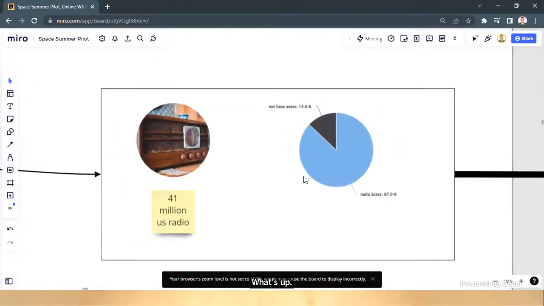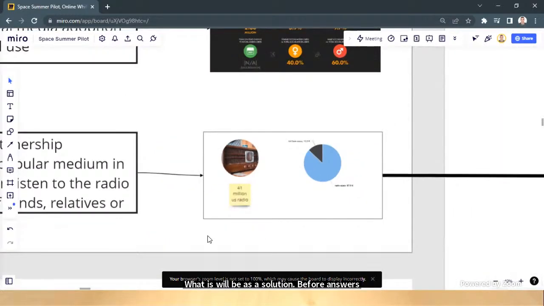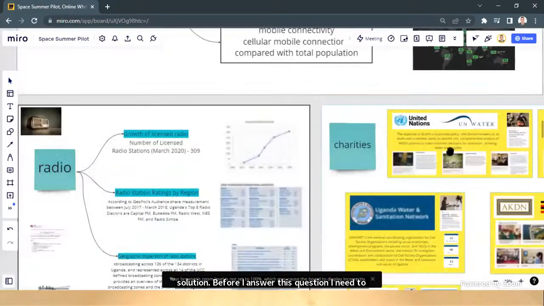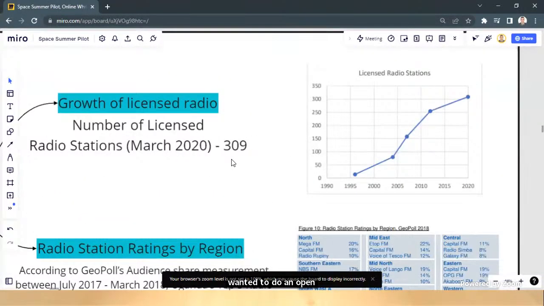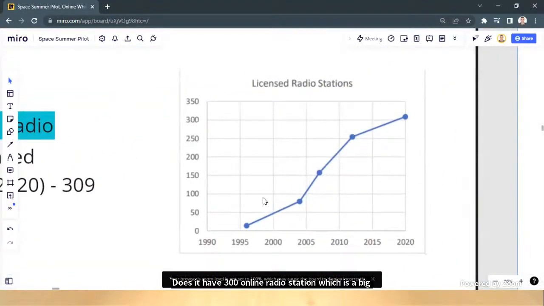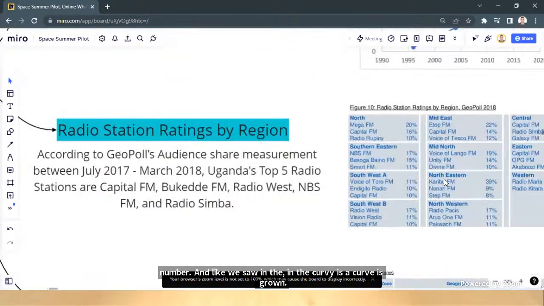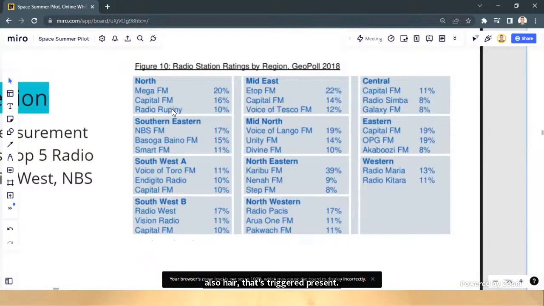But the main question here is, if we need a return mechanism to communicate with the Uganda team, what will be the solution? Before I answer this question, I need to illustrate more about the radio, with some statistics about radio in Uganda. First, what is the number of radio stations in Uganda? There are 309 radio stations, which is a big number, and as we see in the curve here, the number is growing. Also, this figure presents radio station rating by region, showing which radio station is popular in every region in Uganda.